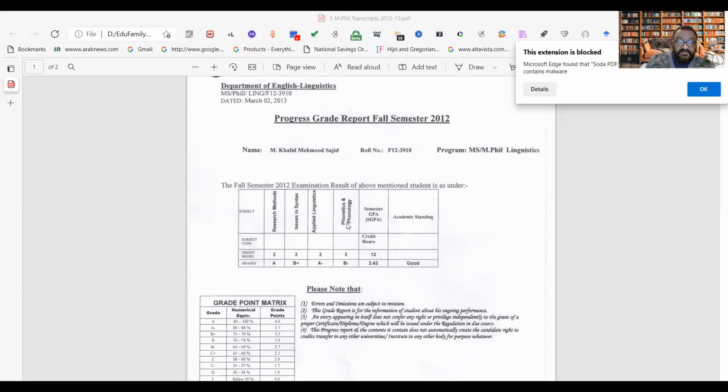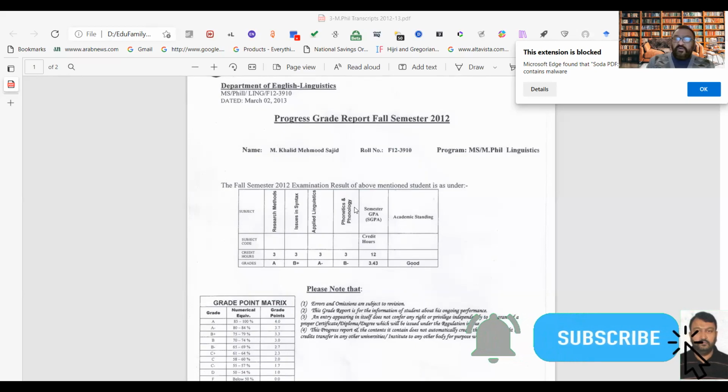You see this result, phonetics and phonology, because basically I have been abroad almost 25 years. I have never been to Pakistan because I've been teaching in different universities, different colleges abroad.